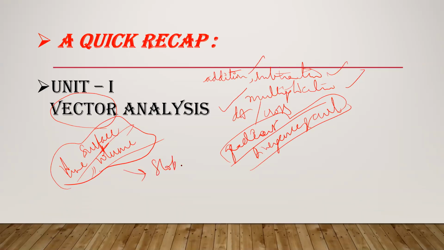They are Stokes theorem, Green's, and Gauss. So all these three we have learned using these relations and gradient, divergence, and curl, where dot product, cross product, and scalar triple product we have learned. Based on these things, we have finished our vector analysis.